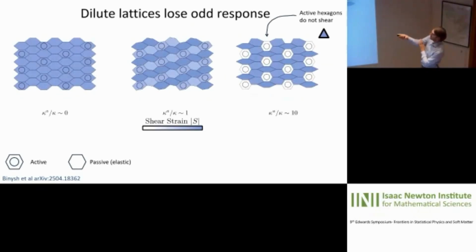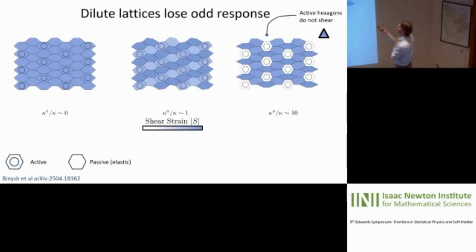So what you see here is that when you have no activity at each individual hexagon, these are the hexagons in circles, then every hexagon is the same, and so the system deforms affinely as a whole. But as you start to crank up the activity, the active hexagons, the ones with the circle, deform in a different way from their passive counterpart, right?